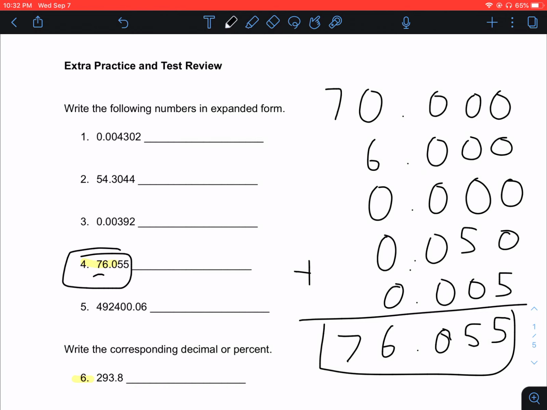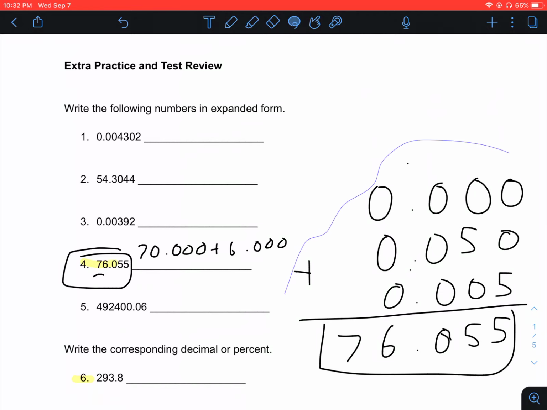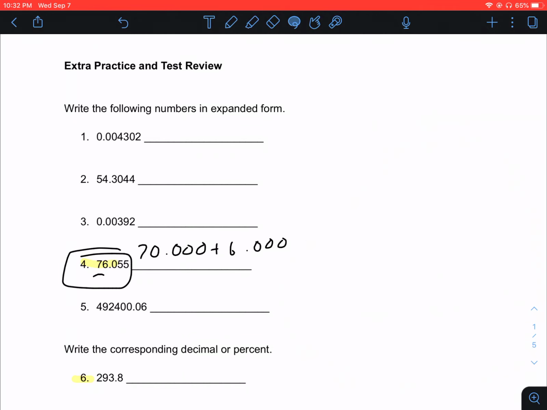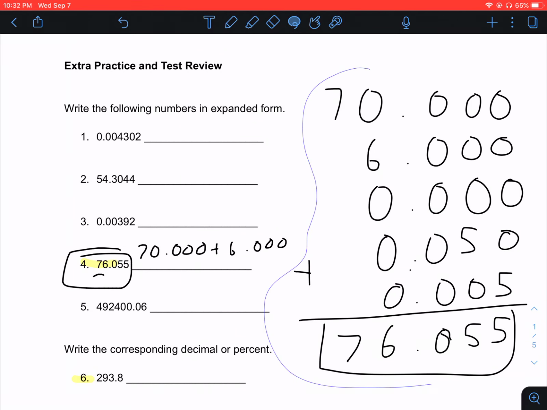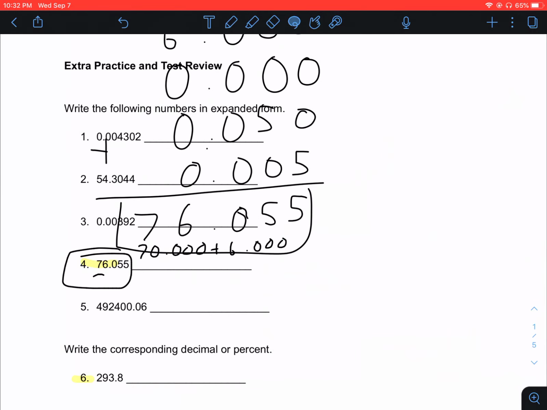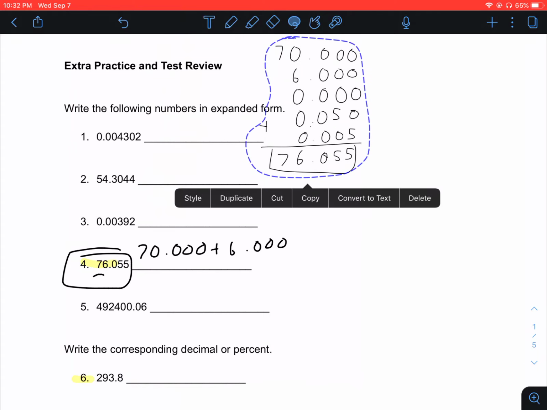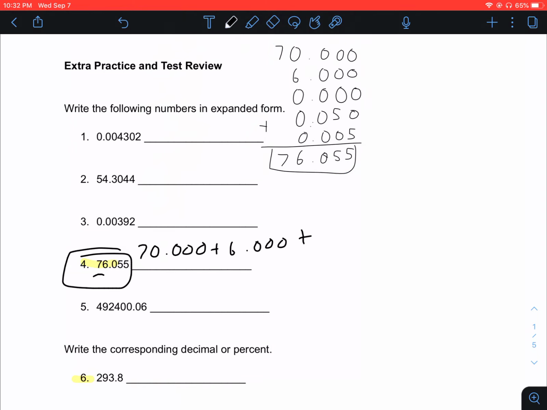So we can write the expanded form as 70.000 plus 6.000 plus, since we don't need to add the zeros, it's okay, 0.050 plus 0.005. And that is number 4.